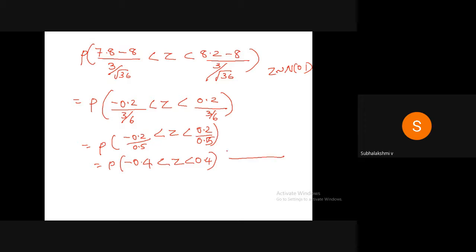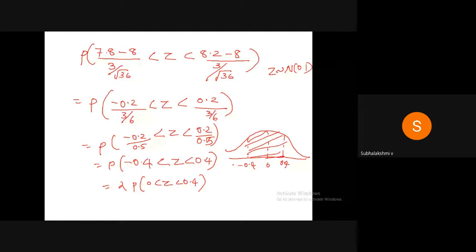This is the standard normal curve, a bell-shaped curve. The region of probability is from minus 0.4 to plus 0.4. This is the required region. It equals 2 into the probability of 0 less than z less than 0.4, because the distance from 0 to minus 0.4 is the same as from 0 to 0.4.